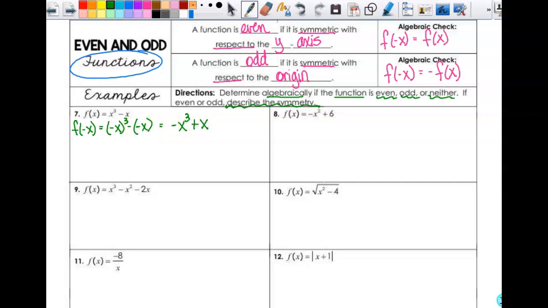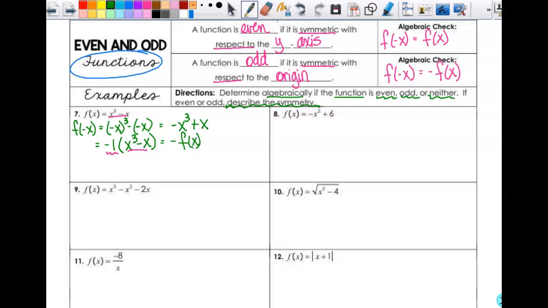Okay, so that doesn't look like this function here. However, if it doesn't look exactly like it, I'm going to try factoring out a negative 1. So when I factor out a negative 1, that leaves me with x cubed minus x. Since this part does look the same, and I just have this negative 1 out here, that means that this equals negative f of x.